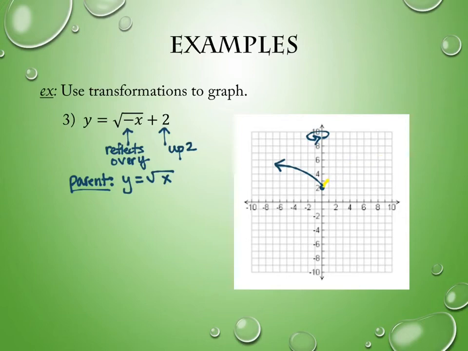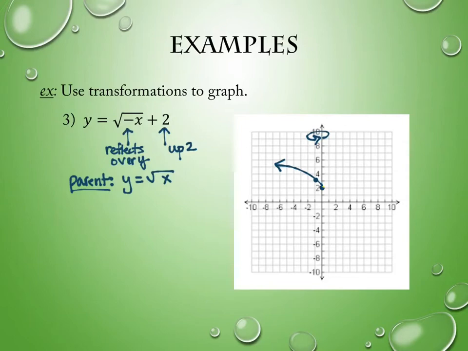I'll erase it. And I didn't actually plot it, but it's there. Here's my other point that I should have plotted. Up one and left one. My bad. Okay, I think all my details are there. Any questions?